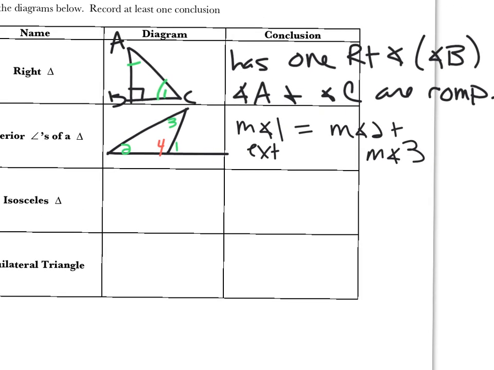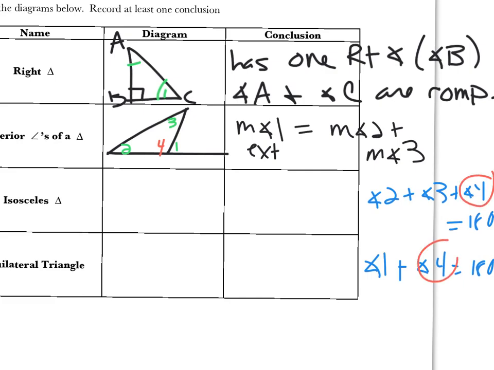We know that angle 2 plus angle 3 plus angle 4 equals 180. And we know that angle 1 plus angle 4 equals 180. So doesn't it make sense, since both of these equations are equal to 180, and they both have a 4, that 2 and 3 are equal to 1? I hope that makes sense.